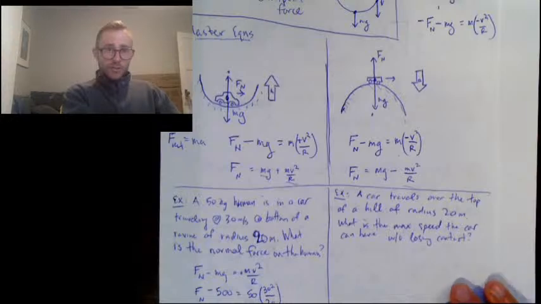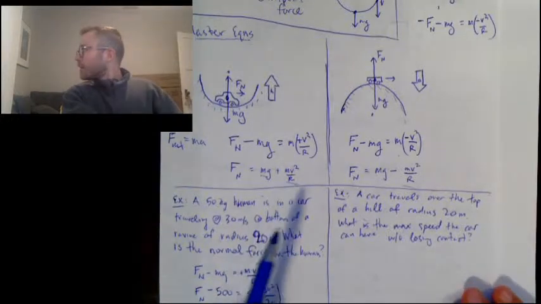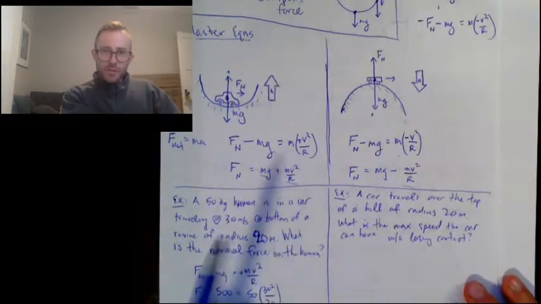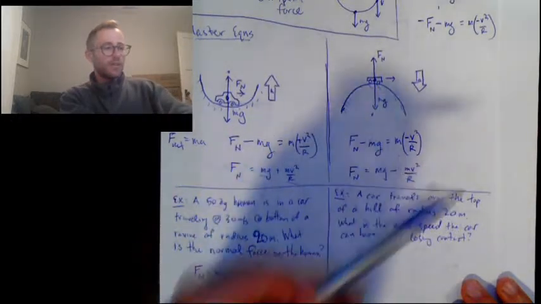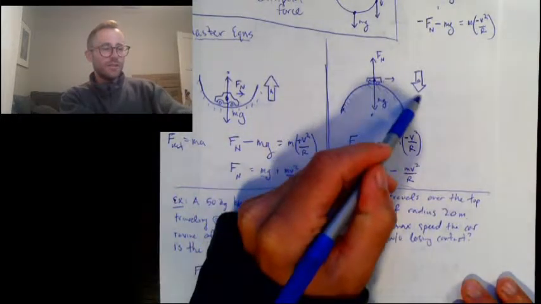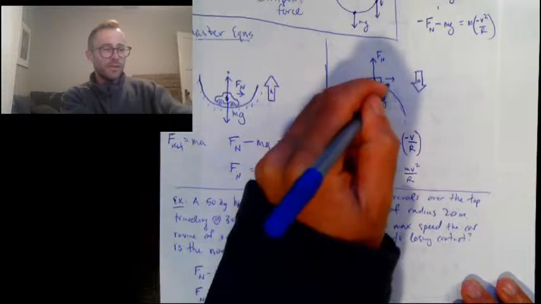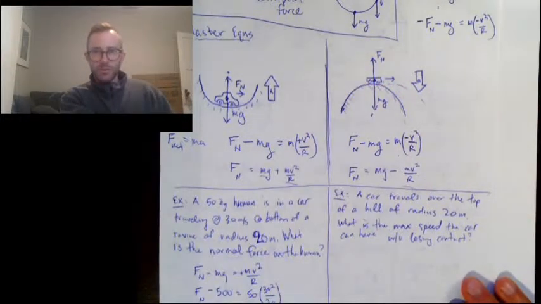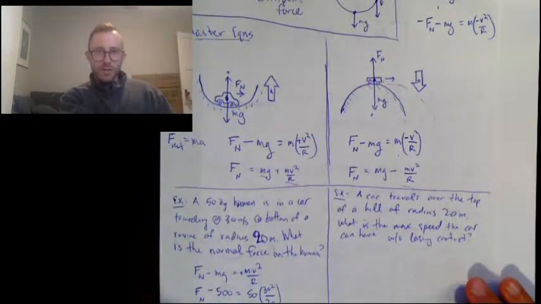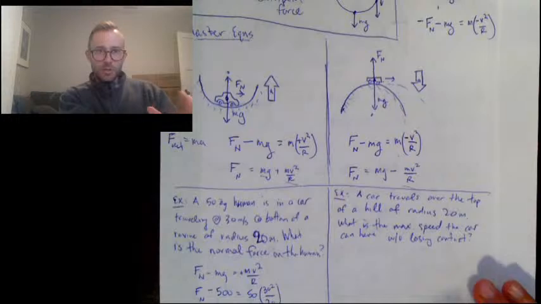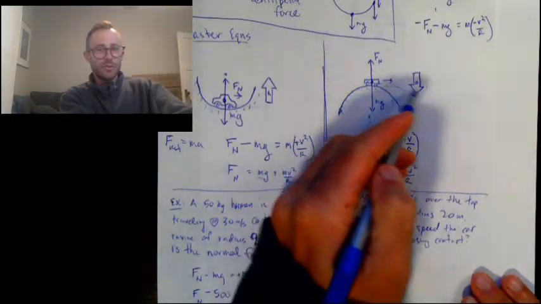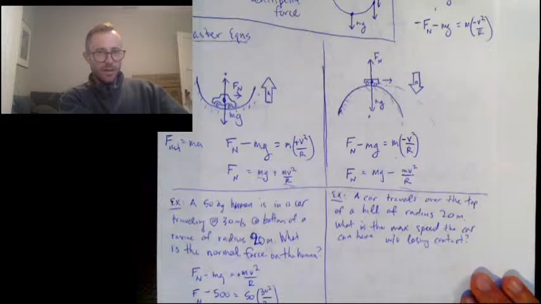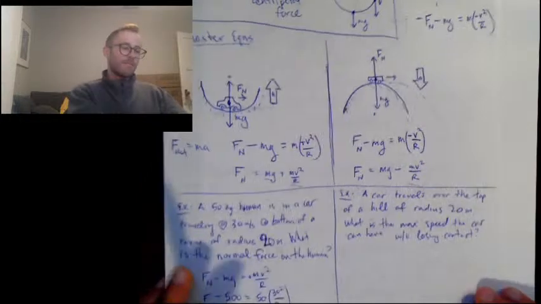Now, you could imagine, if you watch movies, sometimes you have a car that's going really fast over the top of a hill, and they're going so fast that they actually leave the hill and do a little jump. So that's what we're asking: what is the speed such that if you go faster than that speed, you will actually lose contact with the hill and do a jump, okay?